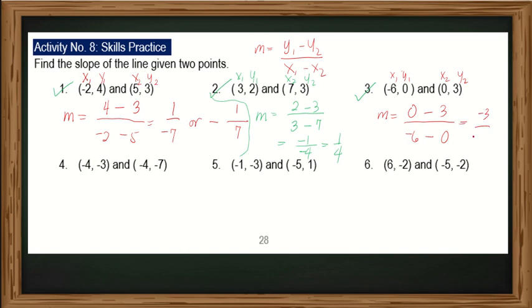Negative 6 minus 0 is negative 6. Simplifying this, we have negative divided by negative is positive, but both 3 and 6 are divisible by 3. So divide both by 3. Negative 3 divided by 3 is 1. 6 divided by 3 is 2. So the slope in item number 3 is positive 1/2.